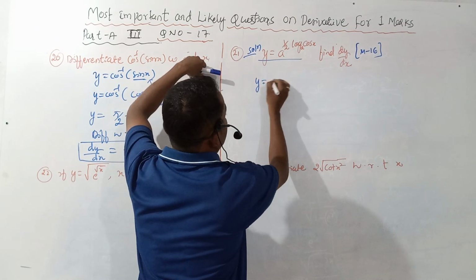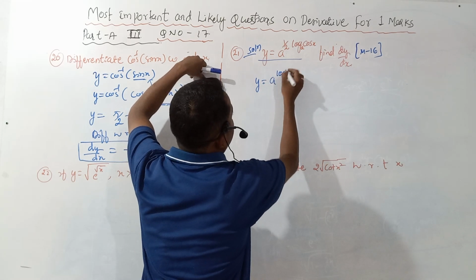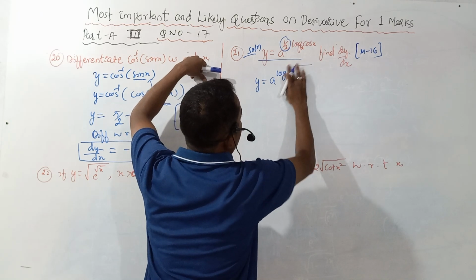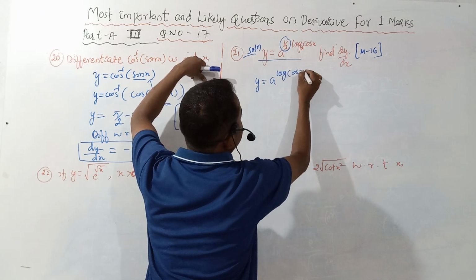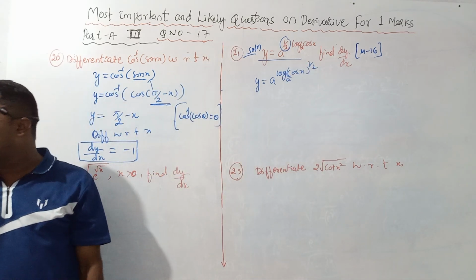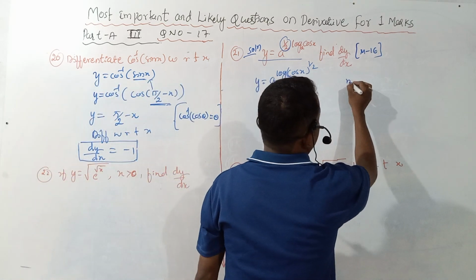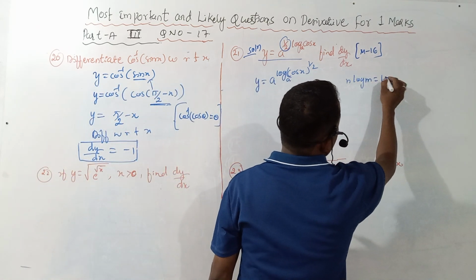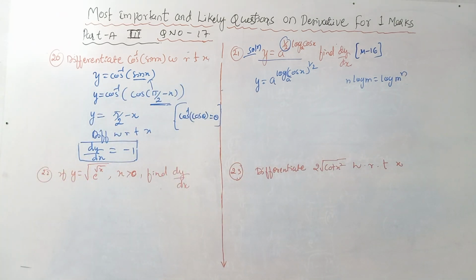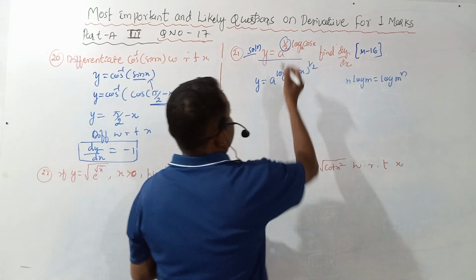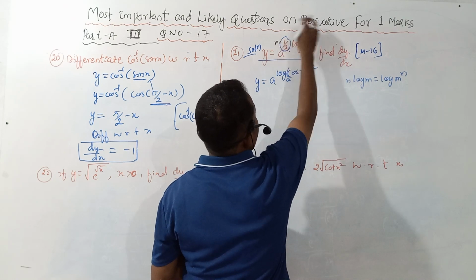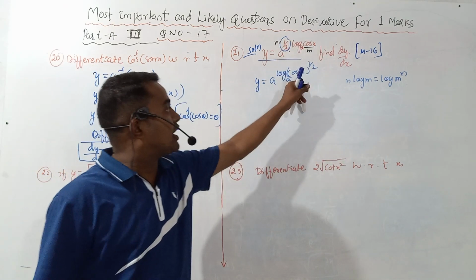Then y is equal to a raised to log cos x to the base a, with 1 by 2 as the power, by using the property of logarithm: n into log m is equal to log m raised to n. Here 1 by 2 is n and cos x is m, and the power comes to the m.